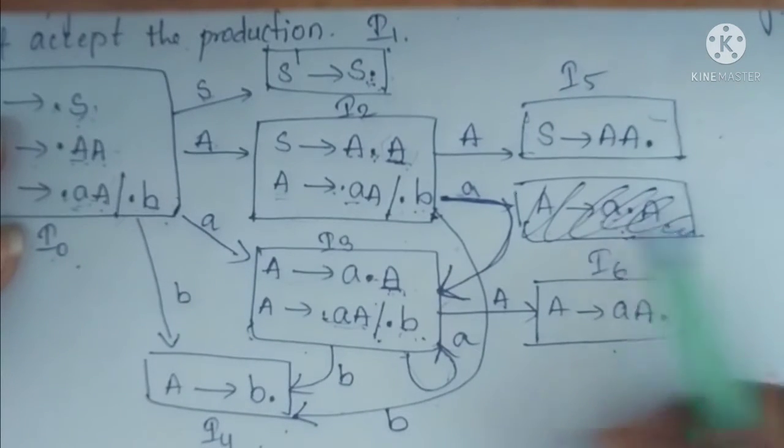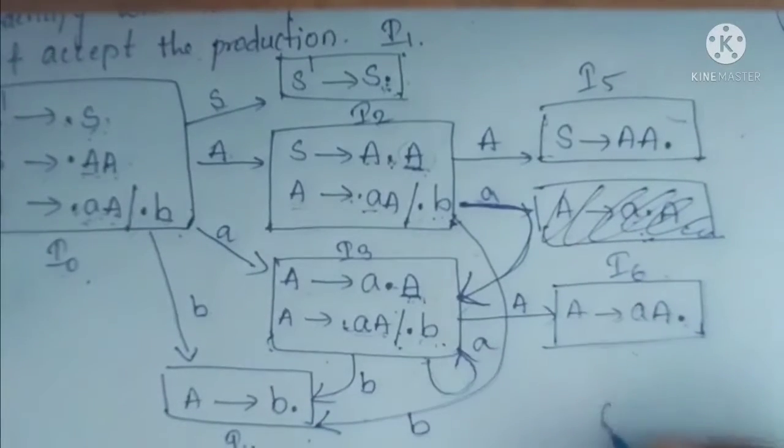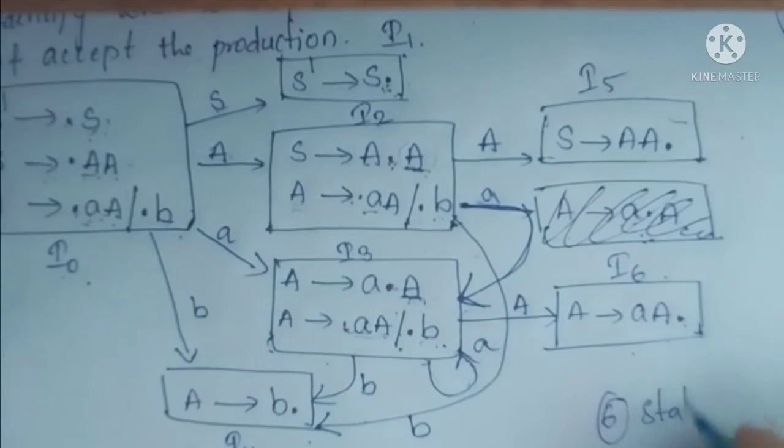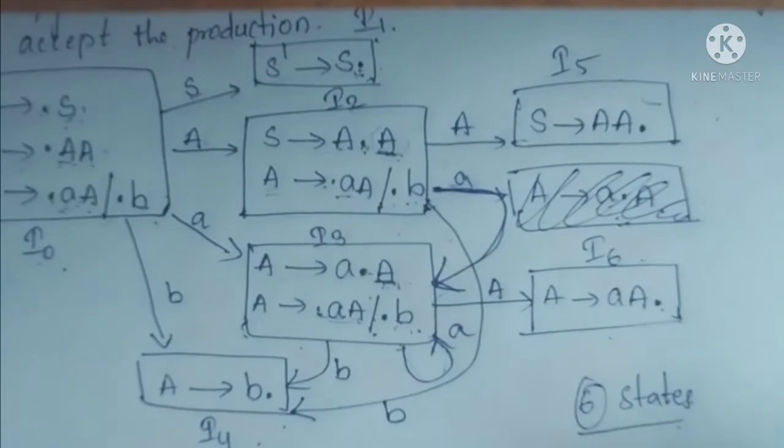So here in LR0 we got the 6 states. For these 6 states you have to draw the parsing table. I'll draw the parsing table here. To draw the parsing table, first write states.